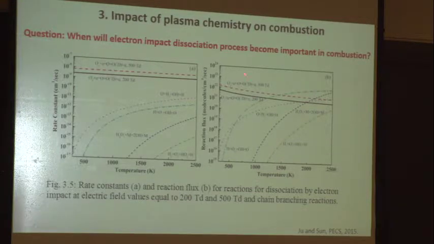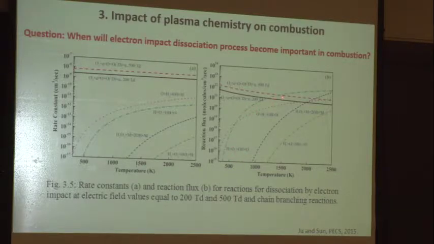Even at 500 Townsend, it probably already breaks down the air mixture. And this is the reaction rate of plasma. Let's take the vertical line, 1500 Kelvin, where the flame will die. At 1500 Kelvin, the flame will die. If you look at the H plus O2 reaction, this is the major chain branching reaction.